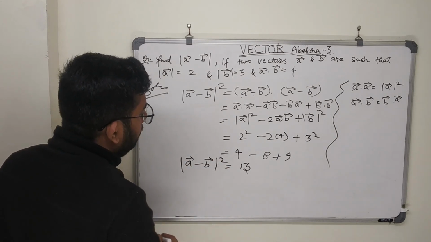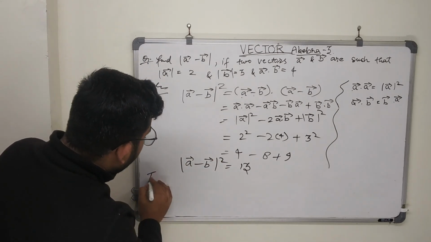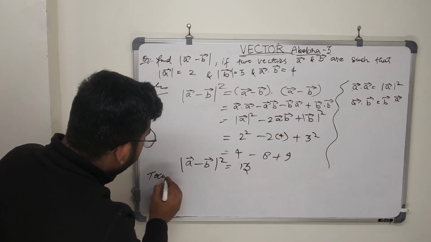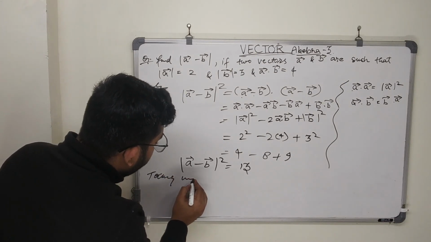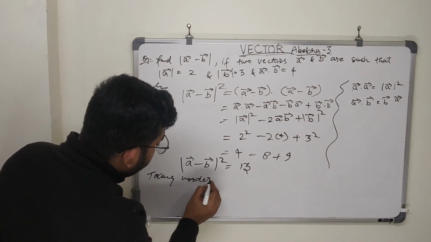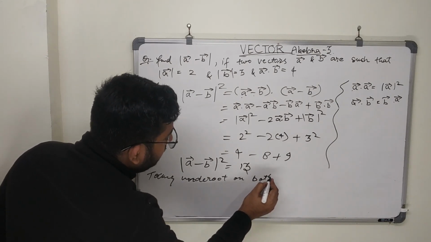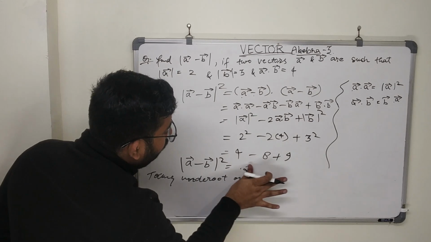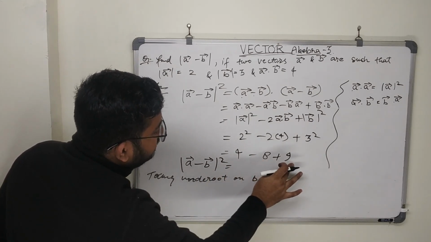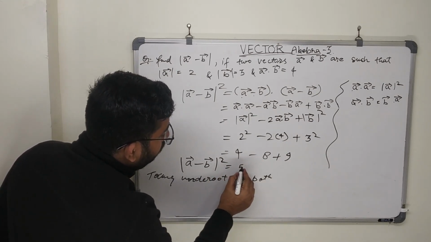magnitude whole square. Now taking under root on both sides, sorry, this will be equal to 5. 4 plus 9, that is 13, minus 8, that is equal to 5.